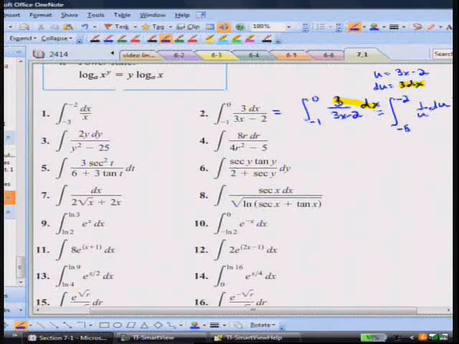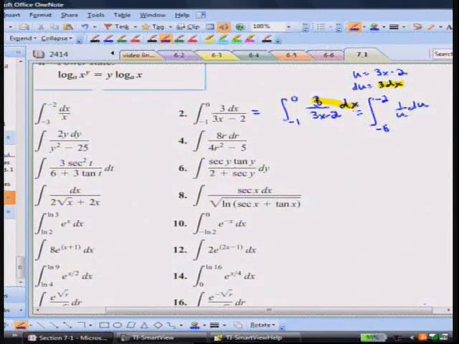But the integral of 1 over u is just the ln of u. And then you can't take the ln of a negative number, so this is going to be the ln of the absolute value of u.